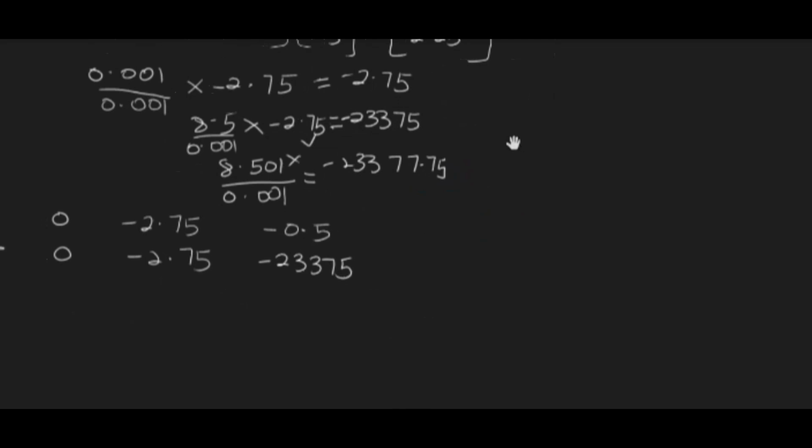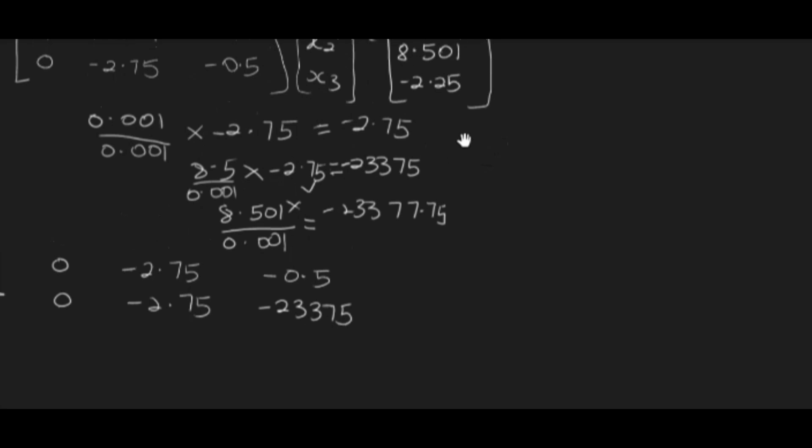So the last side, for the solution side, was negative 2.25. After modification I have this number here, negative 23377.75.